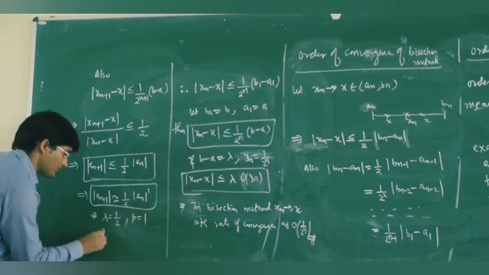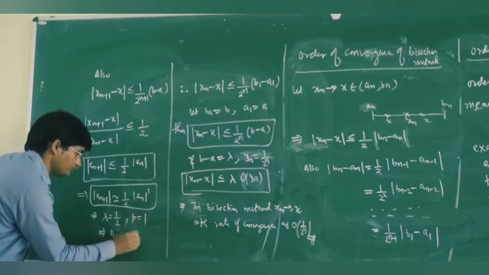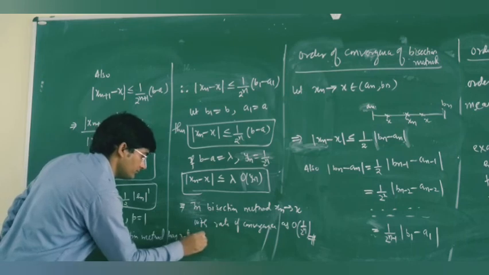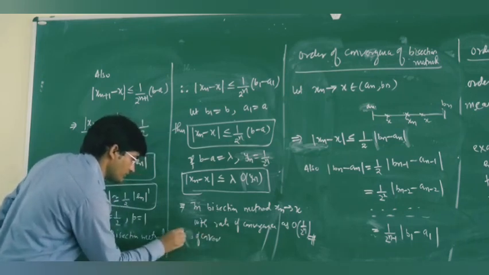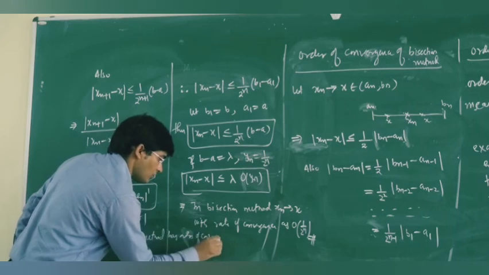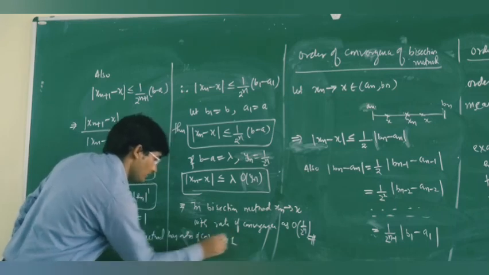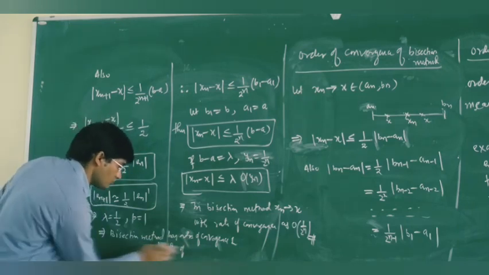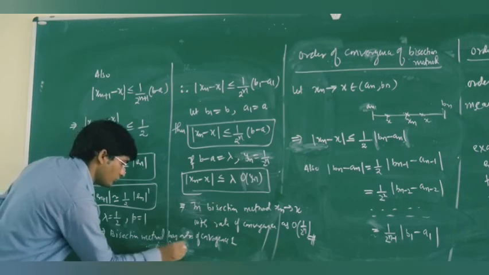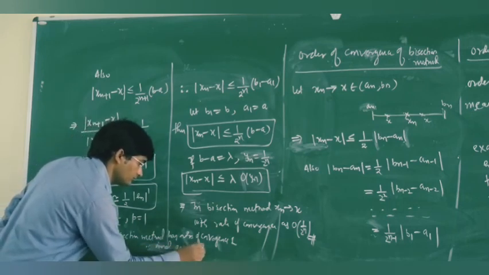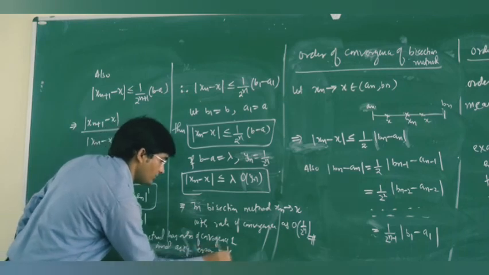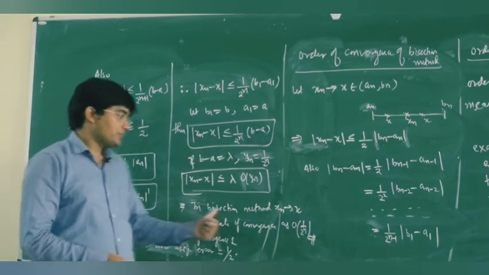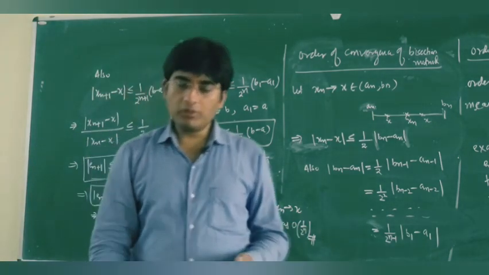So the bisection method has order of convergence 1 and asymptotic error equal to 1 by 2. So 1 by 2 is the asymptotic error, 1 is the order of convergence, and order of 1 by 2 power n is the rate of convergence.